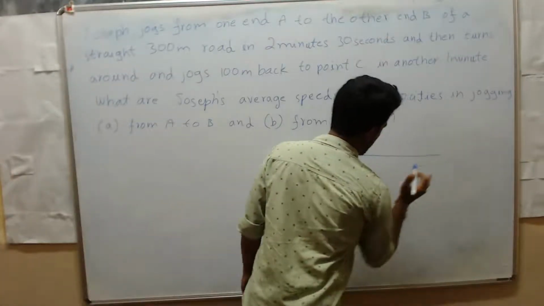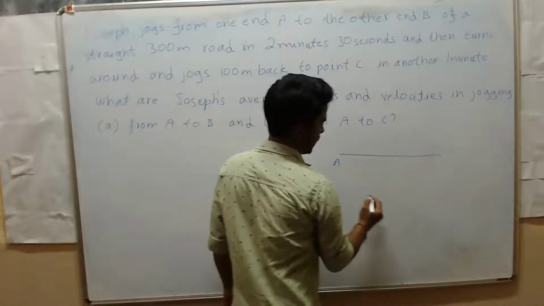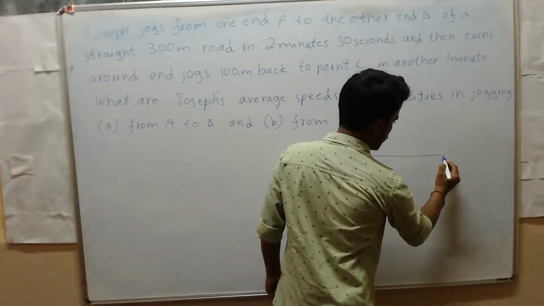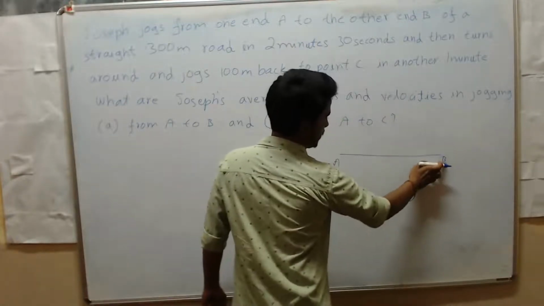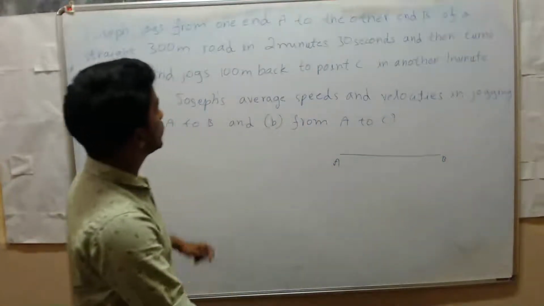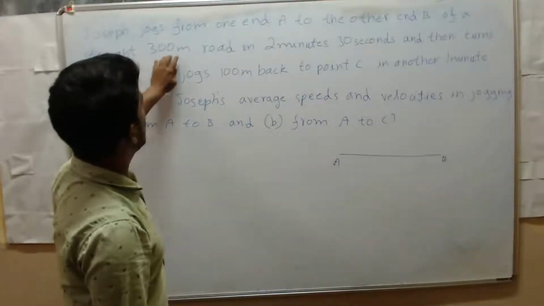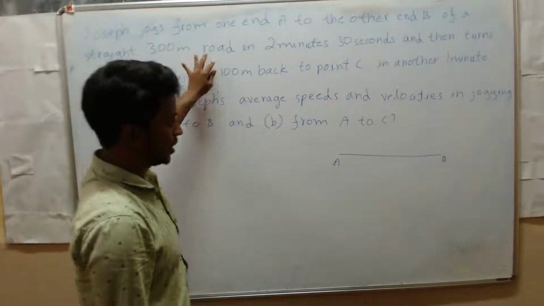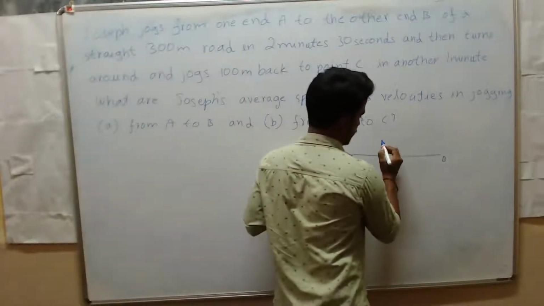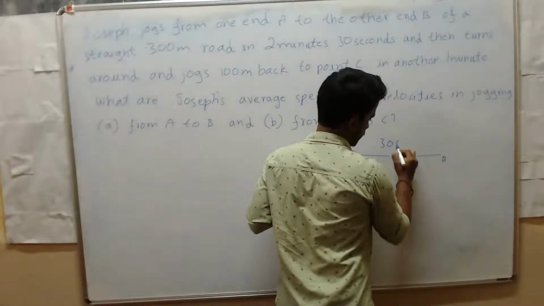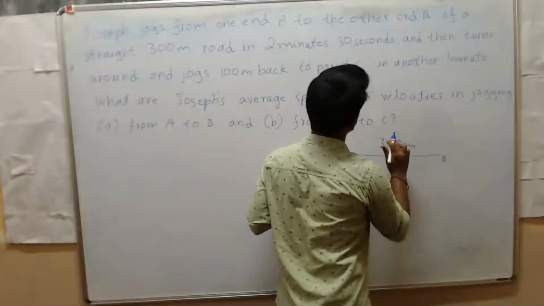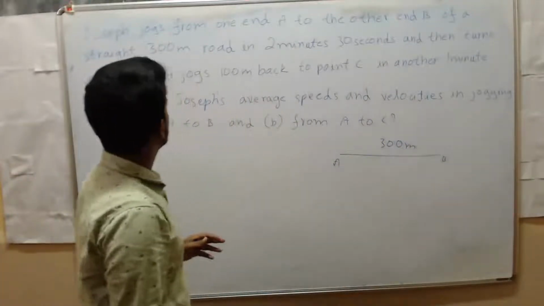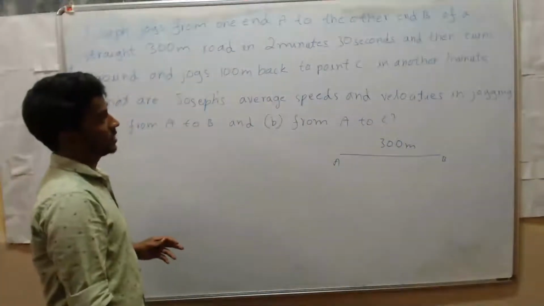So straight road, right? They mentioned, and I will call this is A and this is B. Okay. Next, here they mentioned a straight 300-meter road. Okay. The distance from A to B is 300 meter. Then road in 2 minutes 30 seconds.